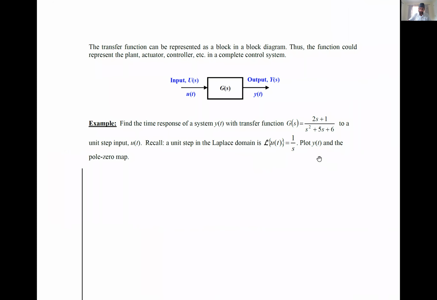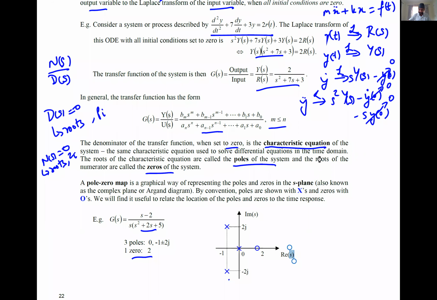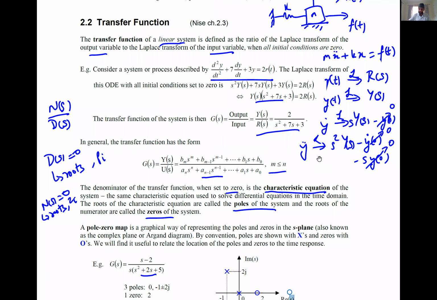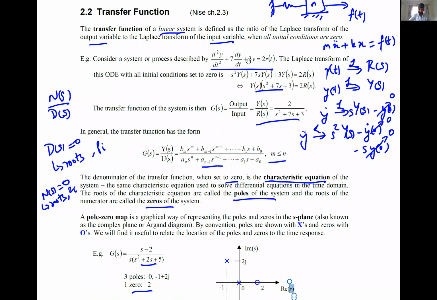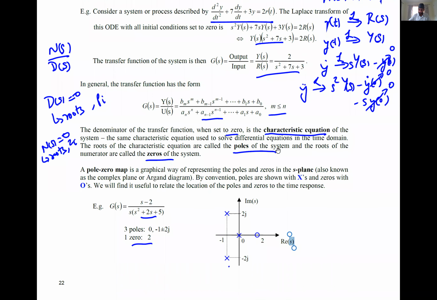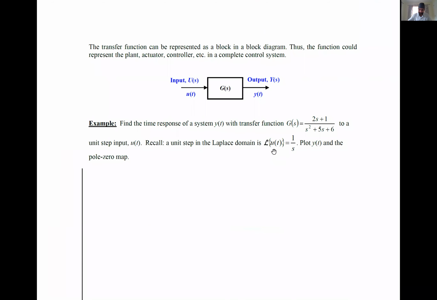Okay, so for the physical system that we were starting off with, the mass spring damper system, which we investigated at the start of this lecture, let's consider it again for a while.